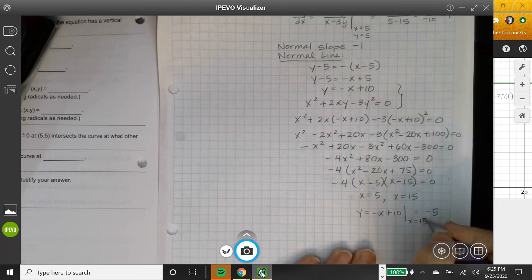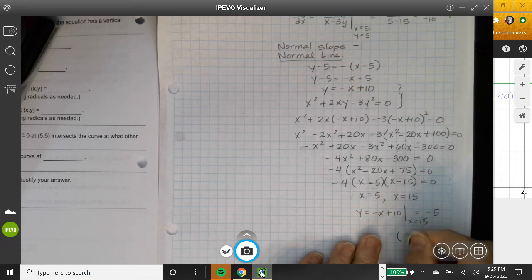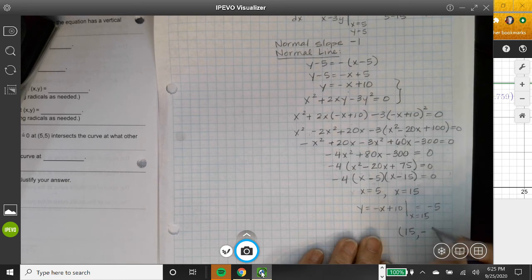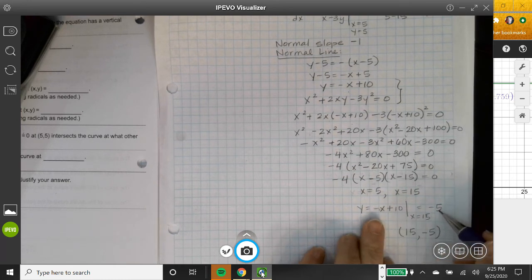So X is 15, and the y that goes with it is negative 5. Negative 15 plus 10 is negative 5.